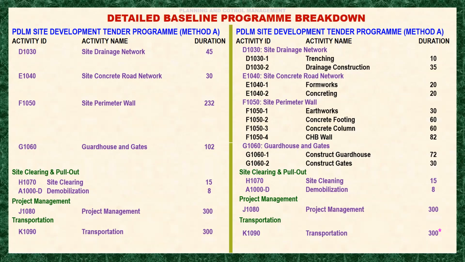Now let's create a copy of our detailed baseline program by replicating the tender program method A. So it is just a matter of copy and paste, right? Let's open our project in P6. Okay, here we go.